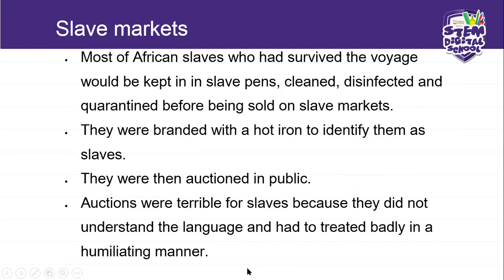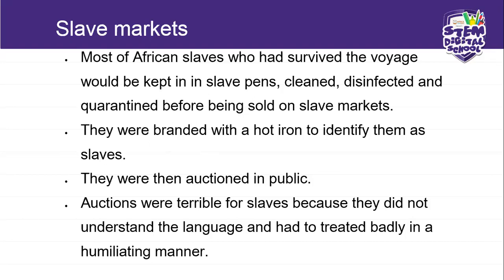Slave markets. This is where all the slaves were being sold. Most of the African slaves who had survived the voyage would be kept in slave pens, cleaned, disinfected, and quarantined before being sold on slave markets.